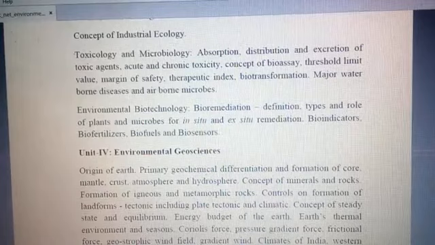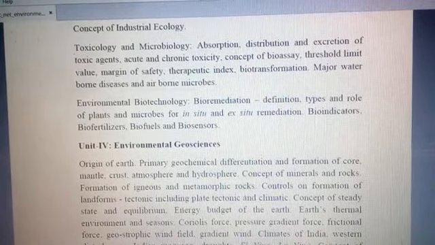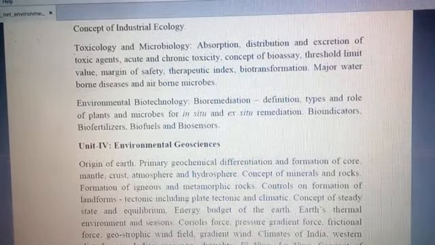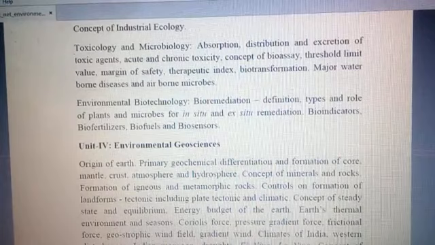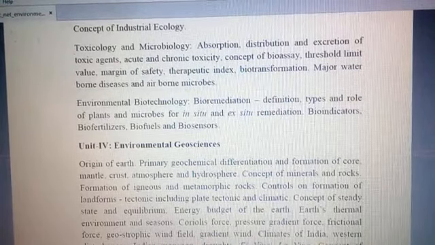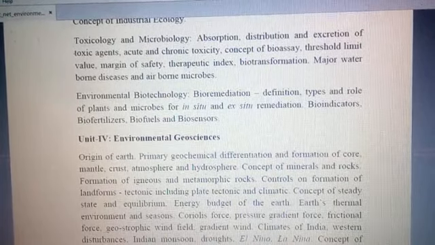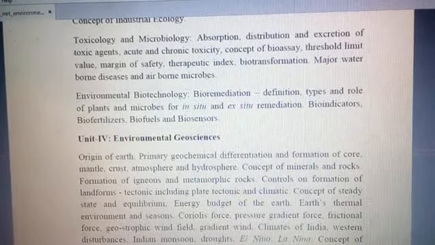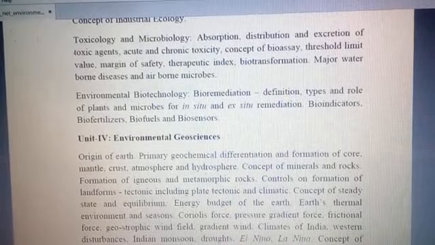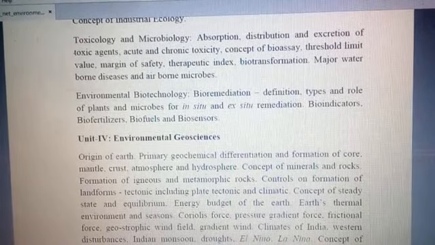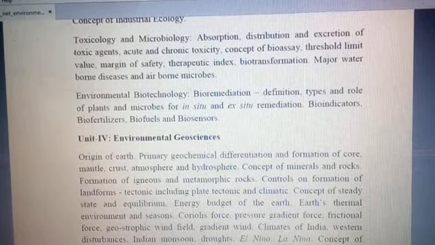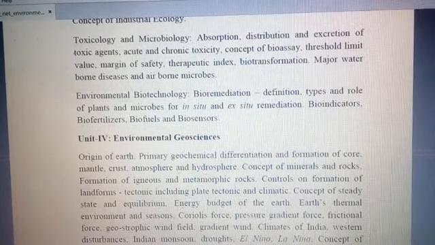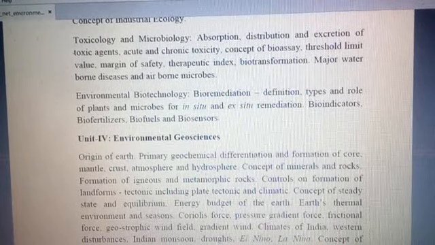Then concept of minerals and rocks, the formation of igneous and metamorphic rocks, control and formation of landforms, tectonics including plate tectonics, and climatic concepts of steady state and equilibrium, energy budget of the Earth's thermal environment, seasons, Coriolis force, pressure gradient force and frictional force, geostrophic wind fields, gradient wind, climate of India, western disturbances, Indian monsoon, droughts, El Nino and La Nina, and the concept of residence times and rates of natural cycles, geophysical fields.